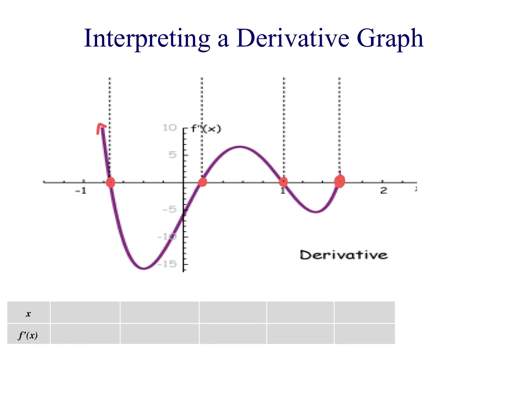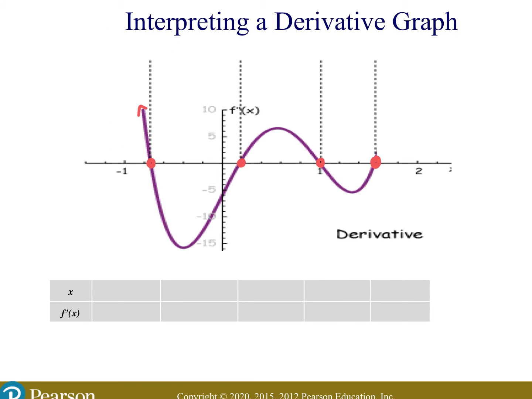Okay, so I need to set up my chart where these critical points and endpoints are. All right, so this is less than negative 0.75.